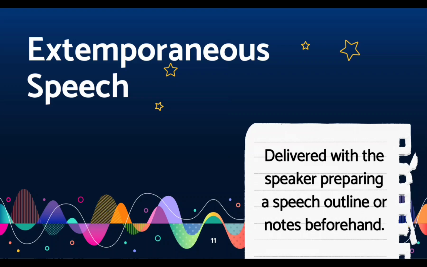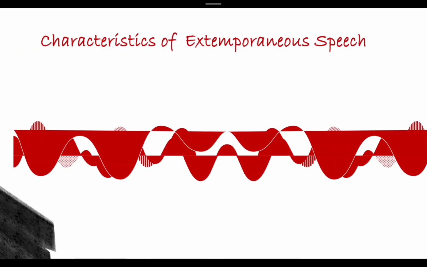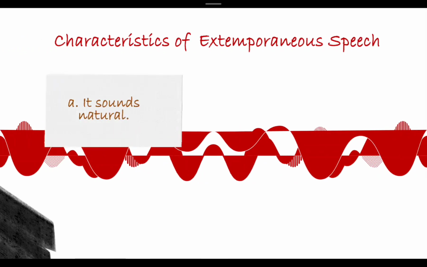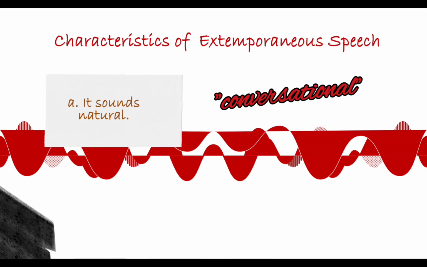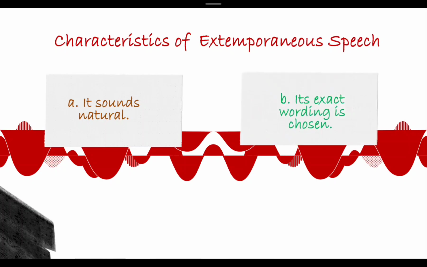Here are other characteristics of an extemporaneous speech. First, it sounds natural. The speaker uses a conversational tone since the speech is neither read verbatim nor committed to memory. Second, its exact wording is chosen while the speech is being given.